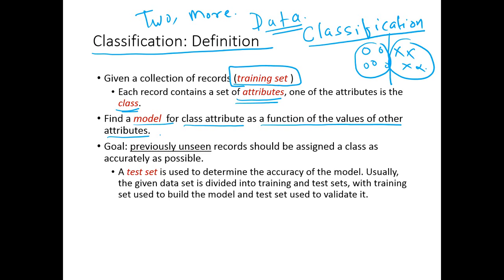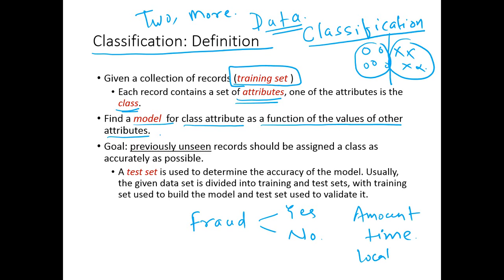We can take the example of credit card fraud. How do you know that a certain transaction on a credit card is a fraud or not? Fraud could be yes or no, right? And there are many attributes, like the amount of transaction, the time of transaction, the location of transaction, gender, who has done it, that could be another factor.